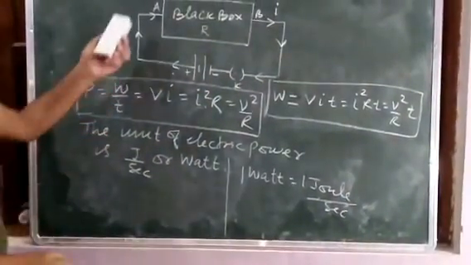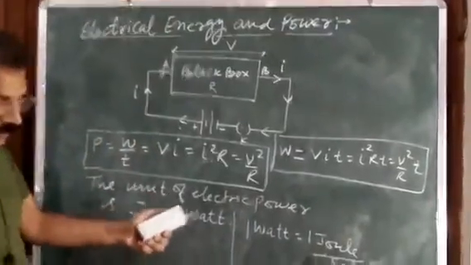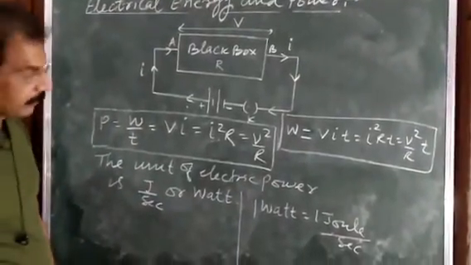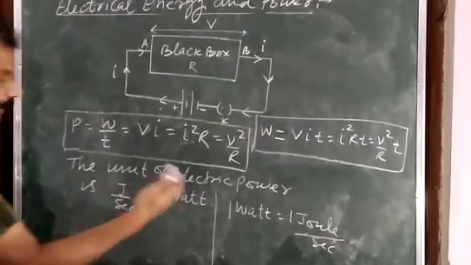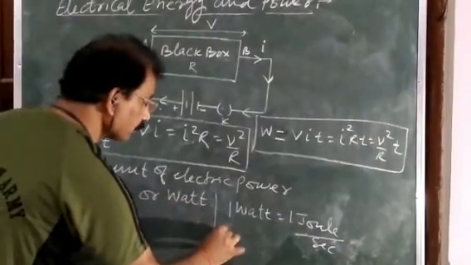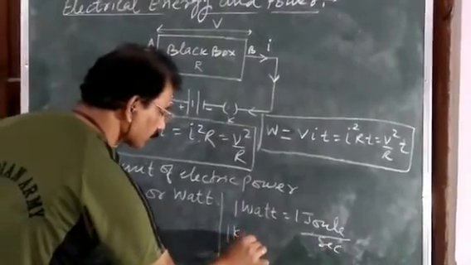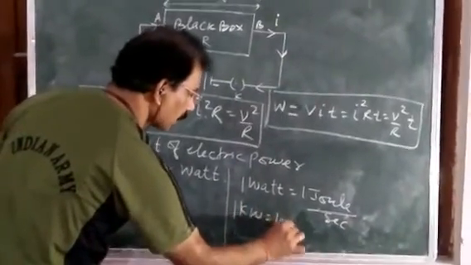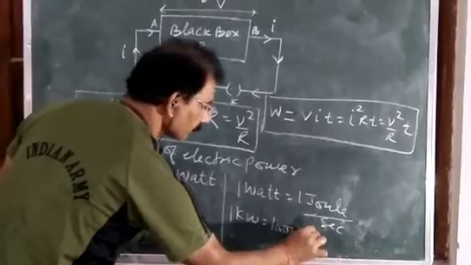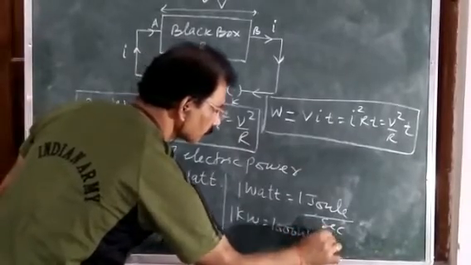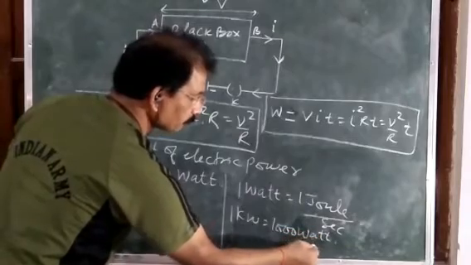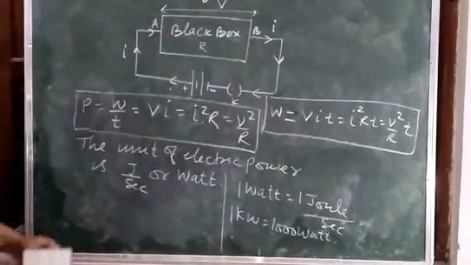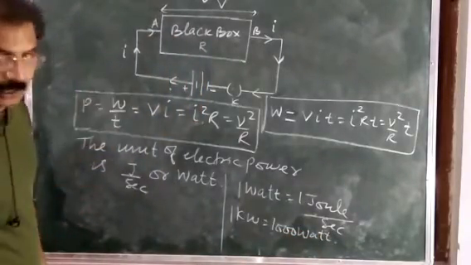So simply you can say electrical energy and electrical power can be calculated by using these formulas. And the bigger unit of power is the kilowatt, and 1 kilowatt is equal to, as you know, 1000 watt, or you can write 1000 joule per second. So in this way we can calculate the electrical energy and power.